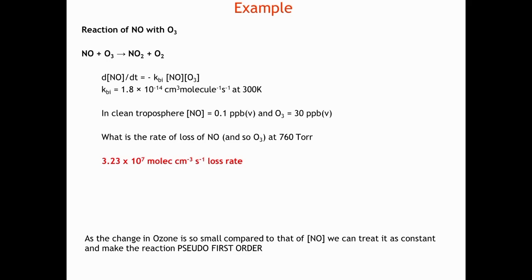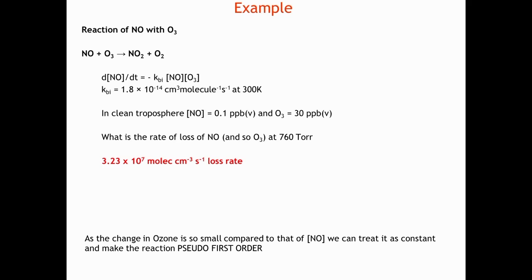So the clean troposphere, the NO is 0.1 ppb, and ozone about 30 ppb. What is the loss rate of NO at 760 torr? Well, it's 3.23 times 10 to the 7 molecules per centimetre cubed per second. And that's the loss rate, dNO by dt. So it's a really simple calculation.